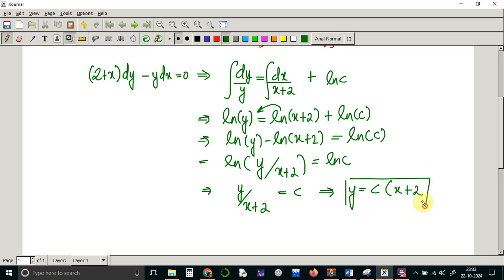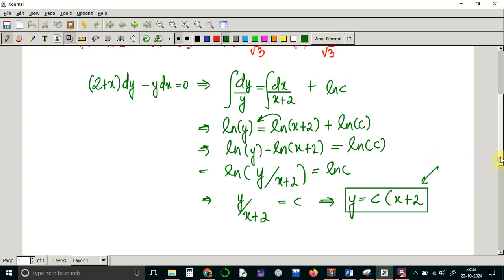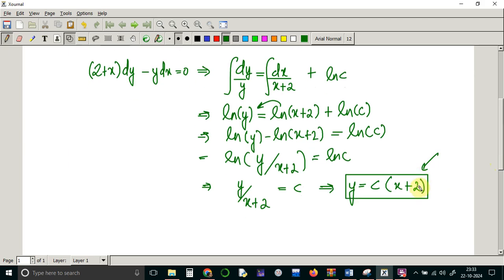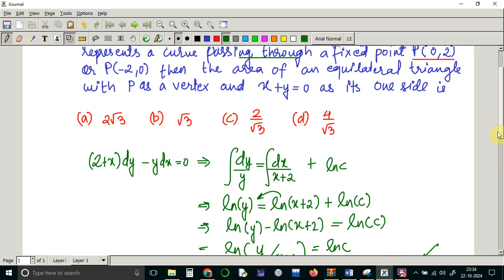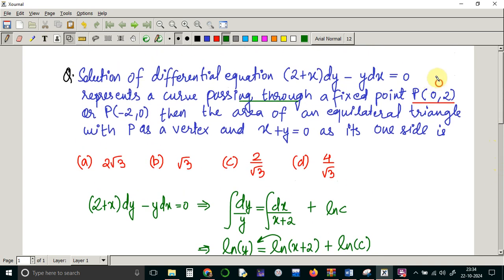This is the general solution of the differential equation, and obviously it is a linear equation, a straight line. So we have to find the value of c. If I take this as a fixed point, we have two choices for the fixed point. So first we will discuss for this.